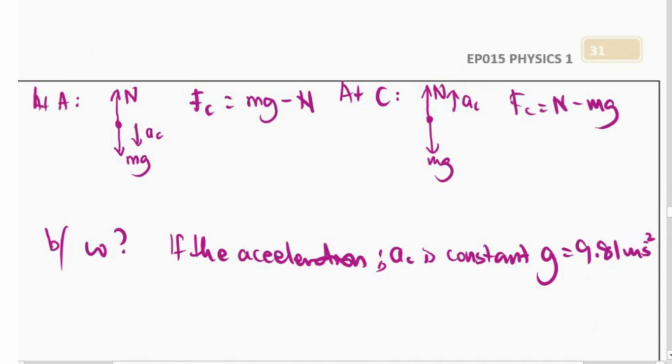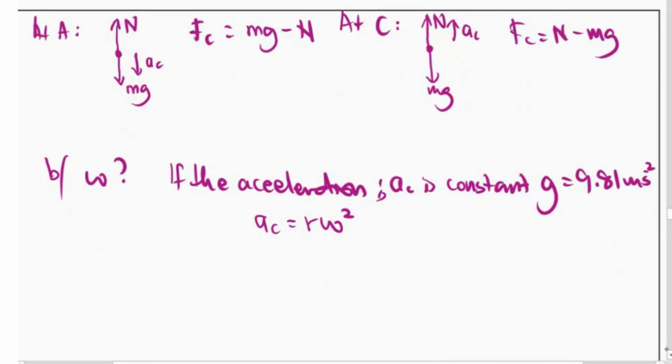If the person feels the constant acceleration on her seat, she won't be thrown out from the chair when the wheel goes around the circle. So AC must be equal to 9.81. Then she won't be thrown out. So you have AC and you are looking for omega. Therefore, you can use the formula AC equals R omega squared.